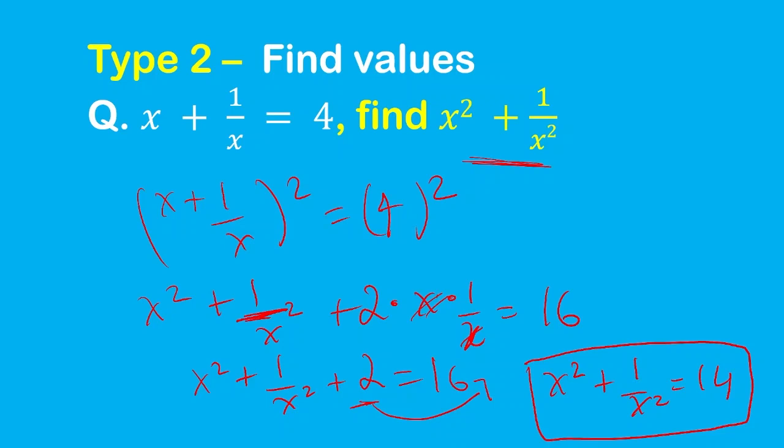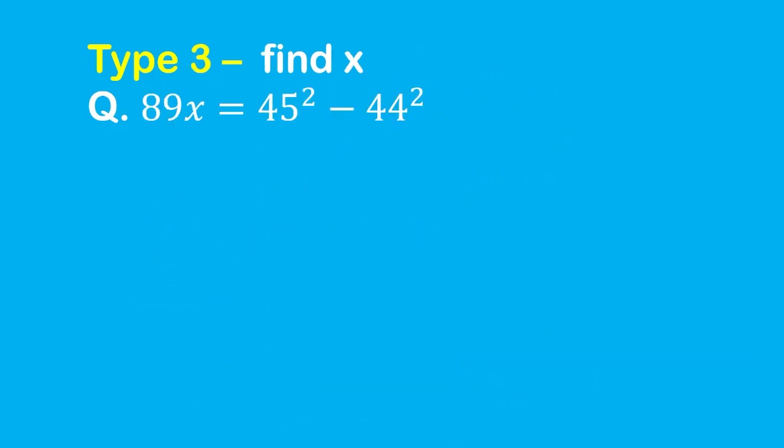The next type of question is finding the value of an expression. Now over here, you don't just jump in and find 45 square and 44 square. Alright, now I personally am lazy. When I see this kind of question, I don't just find 45 square and 44 square. I always, and you must always too, try and check for ways you can shorten this down.